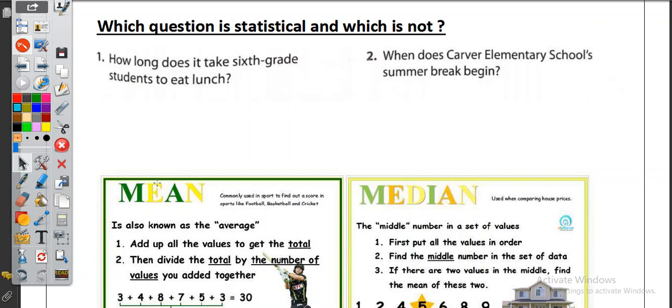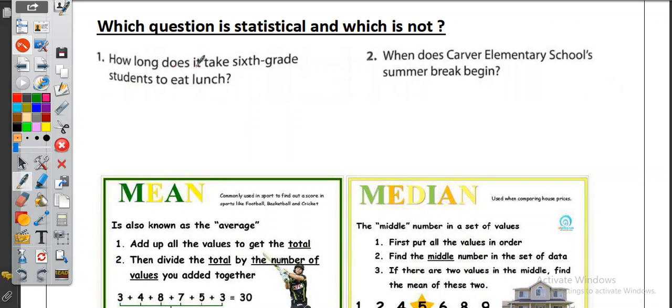Or what is your favorite pet? It has different answers. But if I said, what did Tom have at the dinner? He had a specific thing. There are no varieties of answers. So this is not a statistical question.